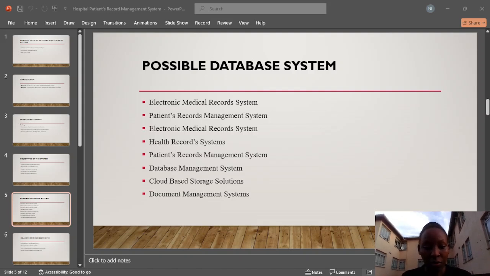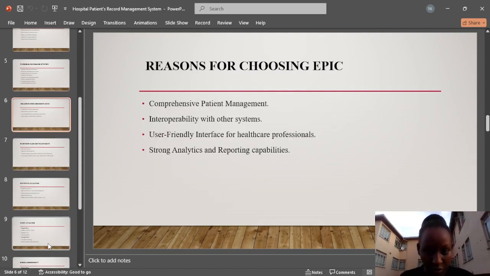The reasons for choosing this, EPIC. One of them is comprehensive patients management. It provides a robust platform that covers all aspects of patient management, including scheduling and clinical reports.